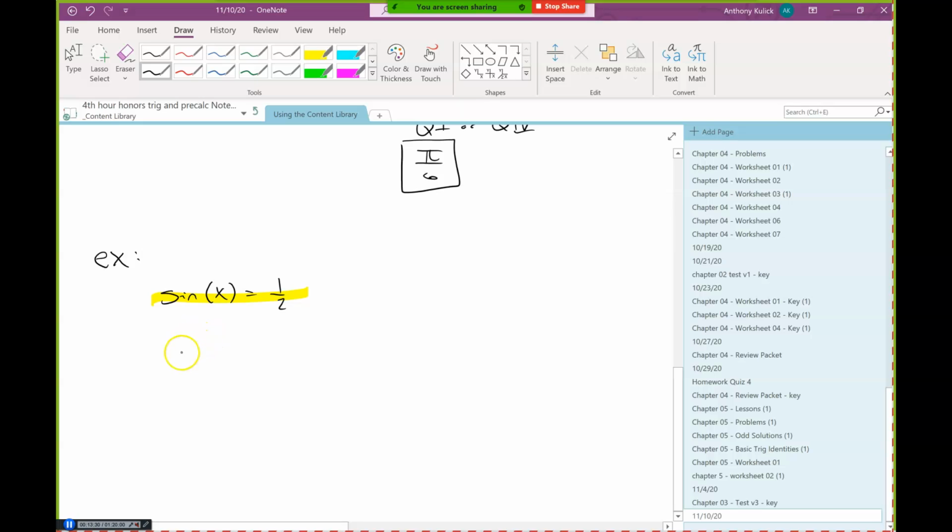So if I want to solve for x, I'm going to go ahead and notice that 1/2 is a unit circle angle, right? So I can find where sine is equal to 1/2.